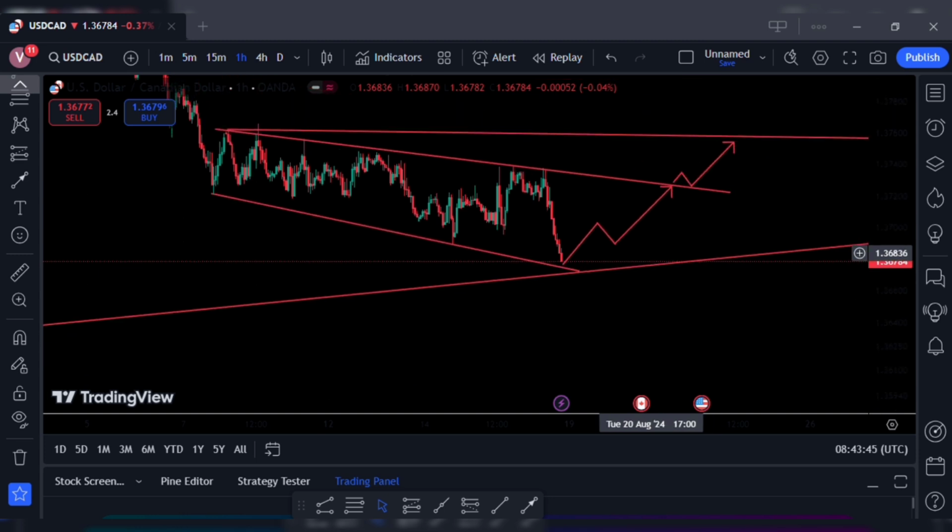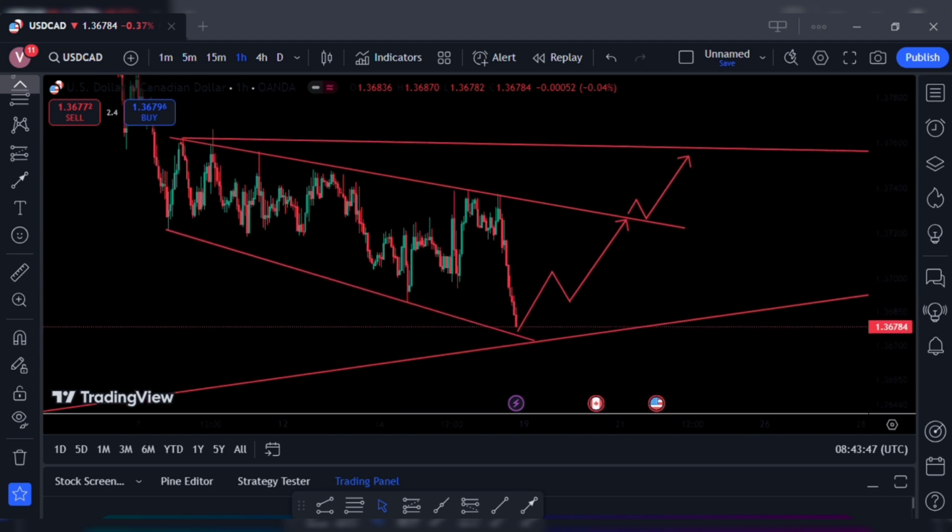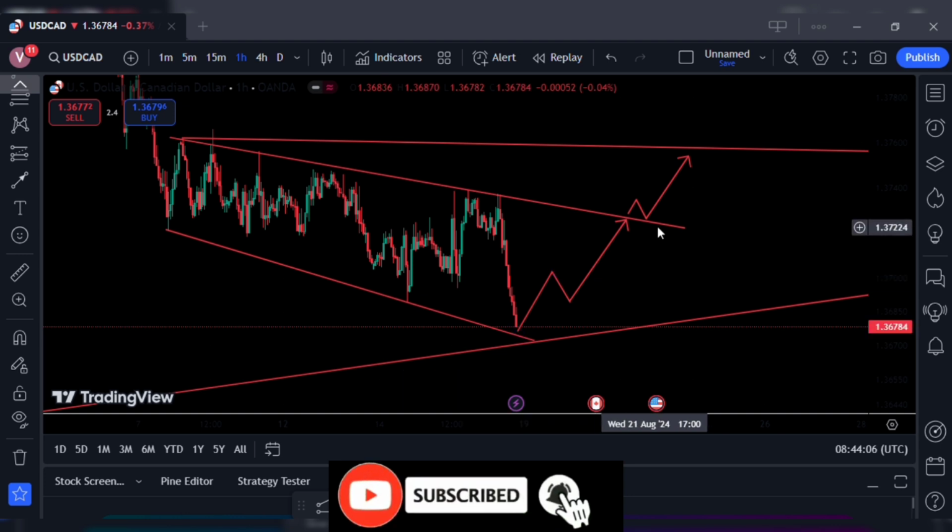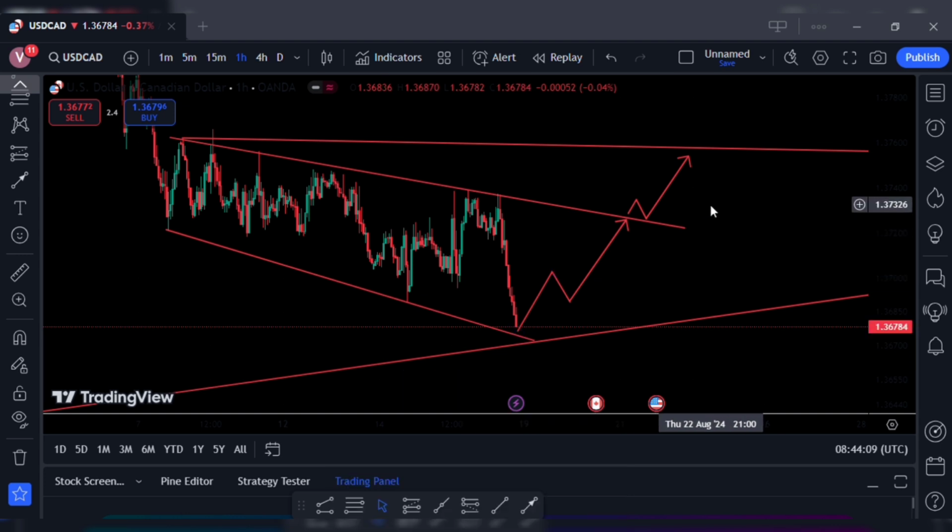So what we do is stay away from the market at first, then you wait for this structure to play out, something like this. When you have a pullback, you can take your buy. You have a higher chance of making profit from somewhere here than somewhere here. So it is very, very simple.